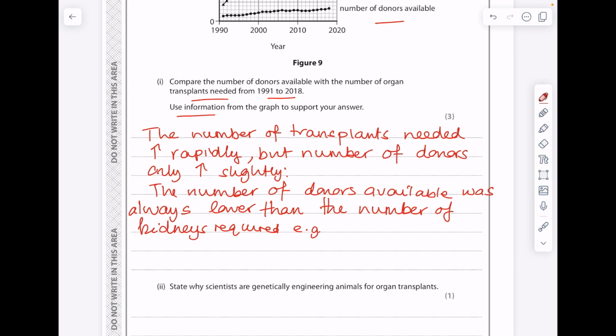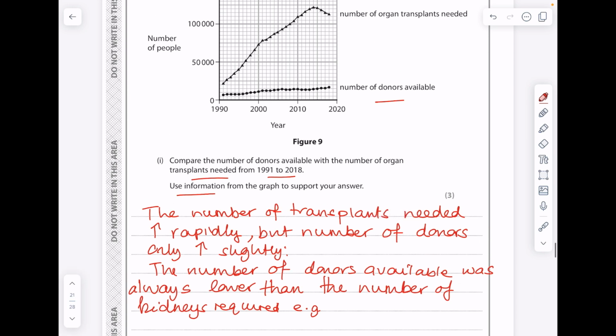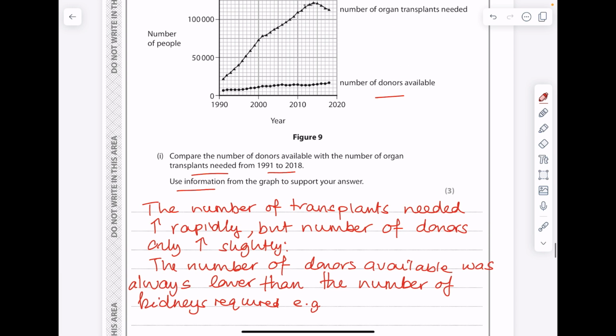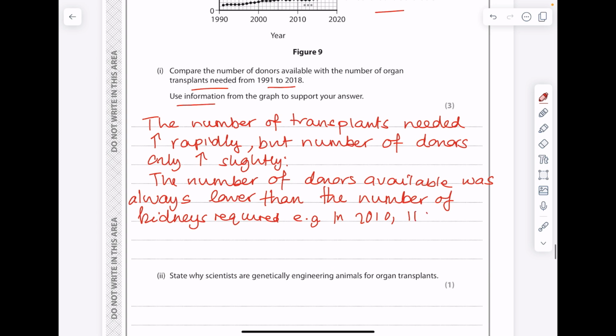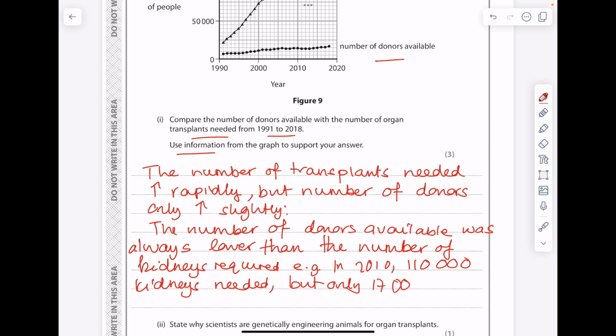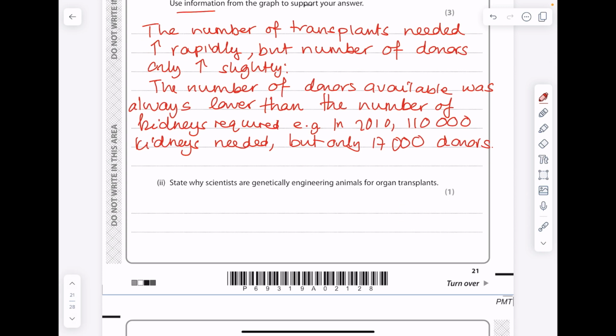And let's state a number, e.g. in 2010, 110,000 kidneys needed, but only 17,000 donors, there or thereabouts. So scientists are genetically engineering animals for organ transplants. Well, we can see this from the graph, not enough donors available.